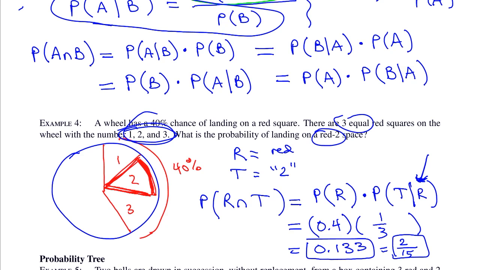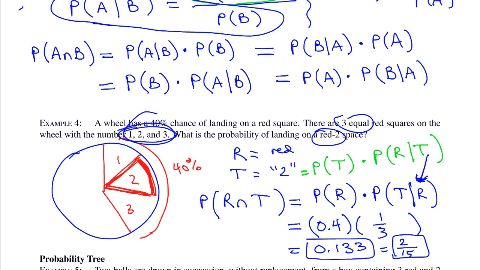Let me write that in green for us, because the answer is no. But could it have been this? The probability of 2 times the probability of red given 2.